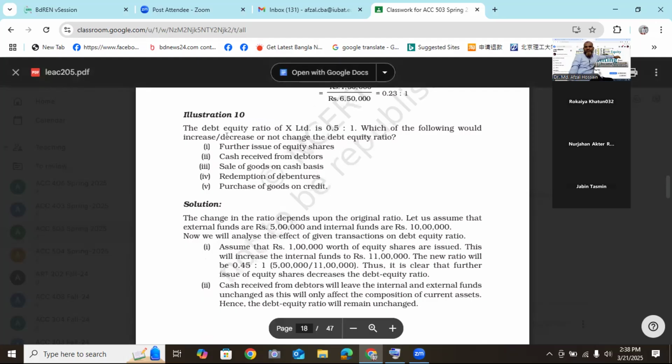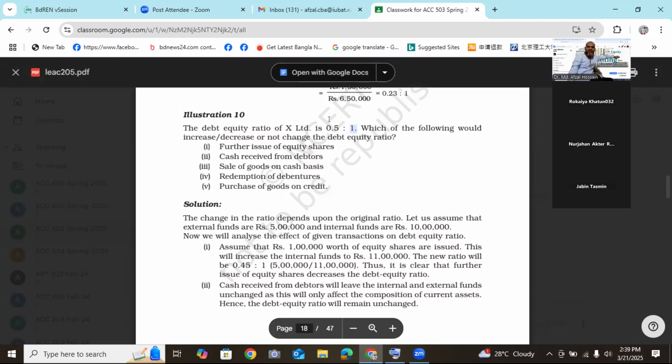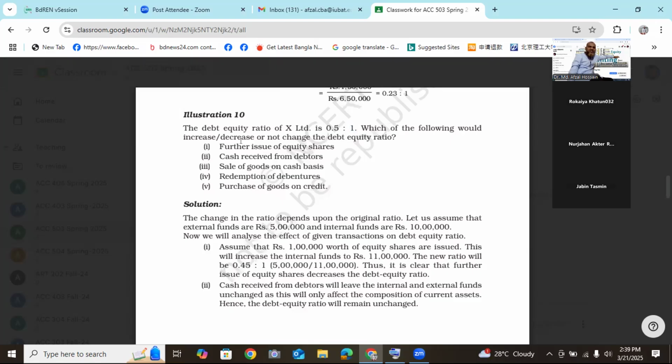That means if your equity is 1 and your debt is 0.5, debt is 50% or half. Which of the following would increase, decrease, or not change the debt to equity ratio? We already did this type of problem for the current ratio, and this is for debt to equity ratio.